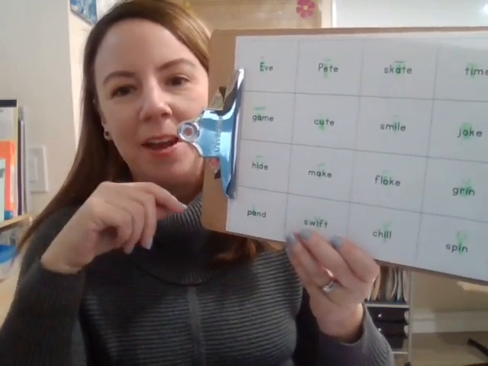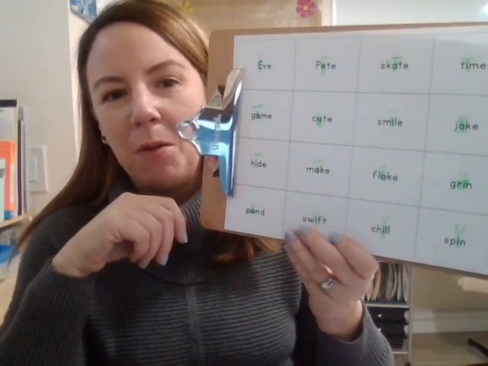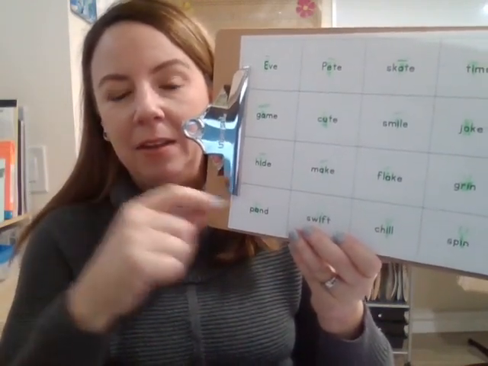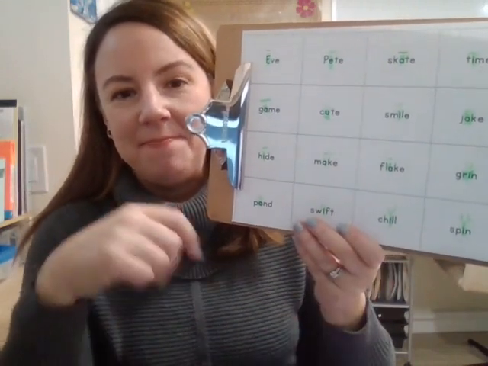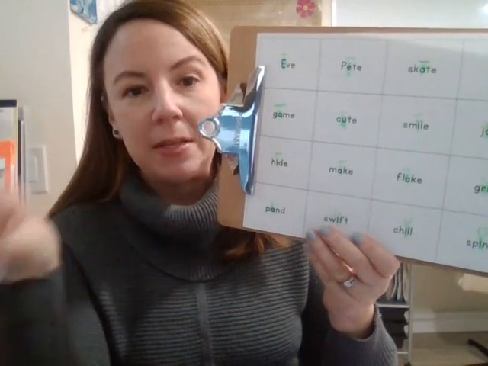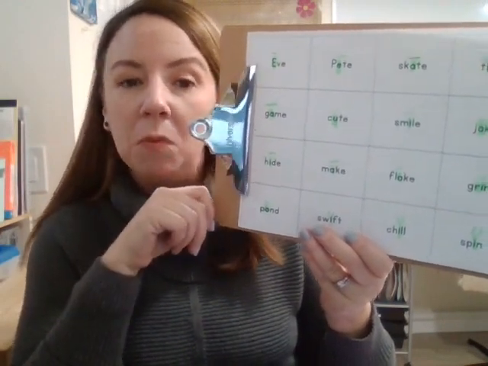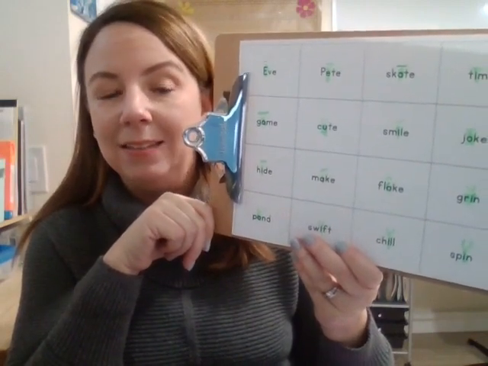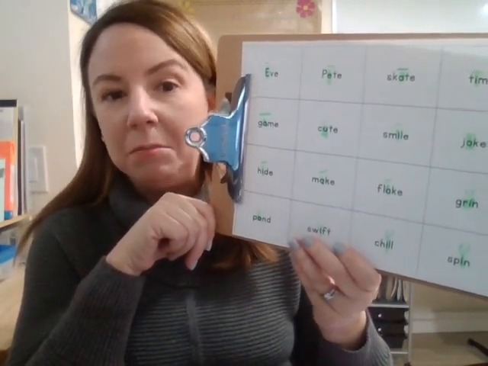The last word that I may call attention to is a word that definitely has multiple meanings. So I will point out the word spin. We can spin a top or spin a spinner in a game. But what if someone said, hey, let's go for a spin? What can that mean?